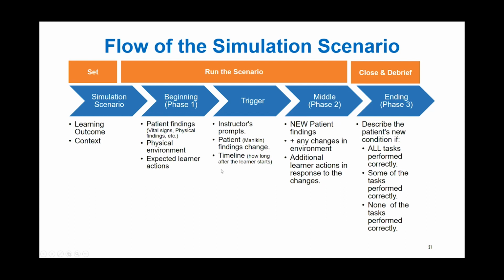So you have to walk the trainee quickly to reach that phase so they can do their expected actions, so you can give them feedback at the end. Don't waste a lot of time with the beginning, and give them enough time to go through all of the expected actions, and then end the scenario properly so you can prepare them for the close and debriefing.